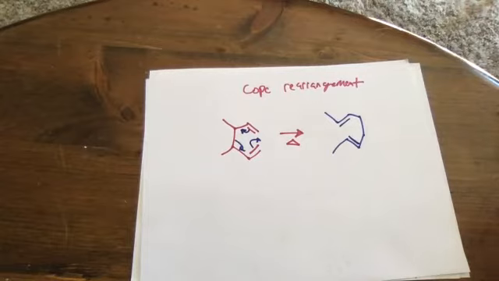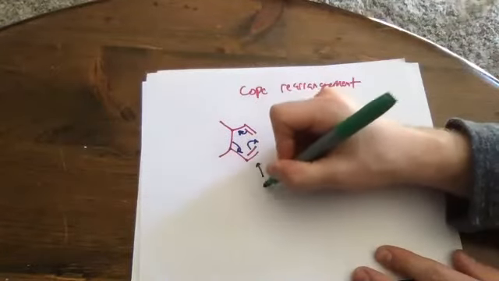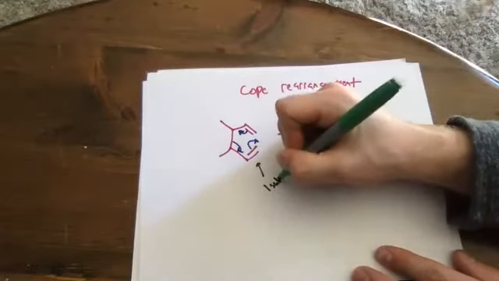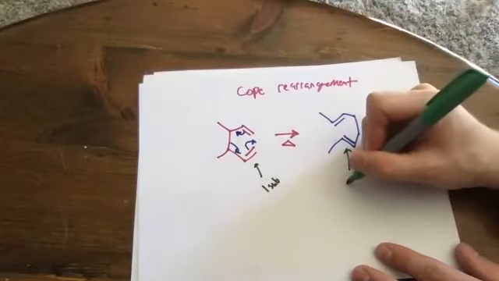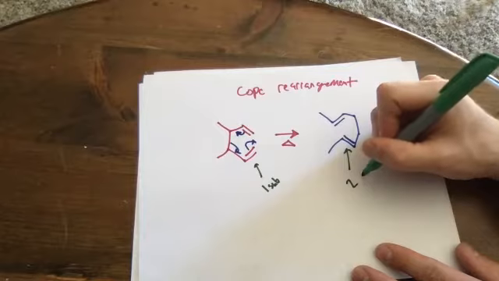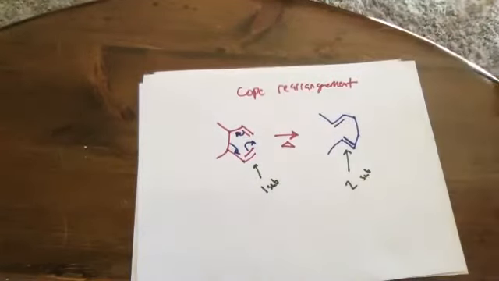The reason why this occurs is because there's only one substituent here on our double bond versus this has 2 substituents. And because of that, this is more stable, which is what drives this reaction.